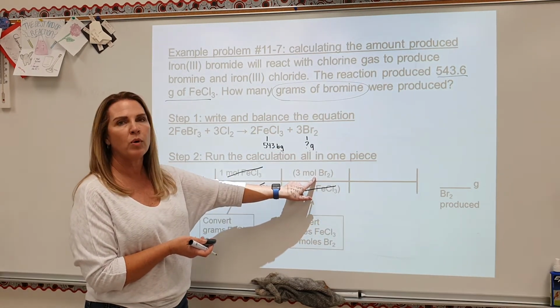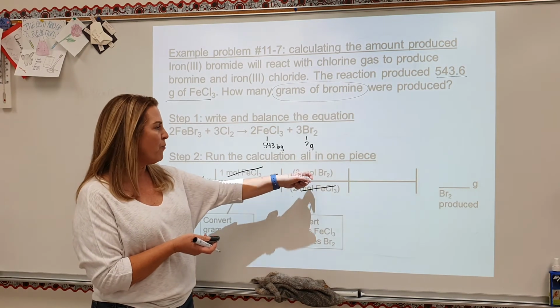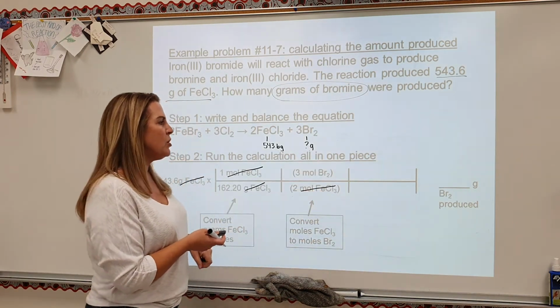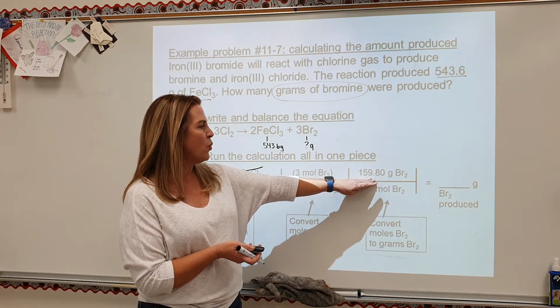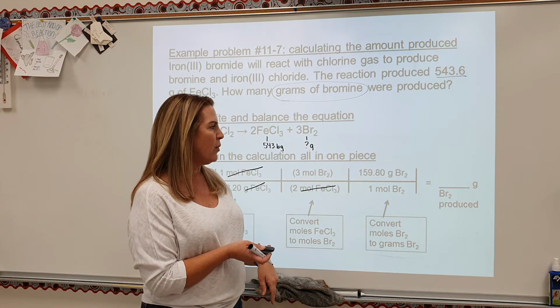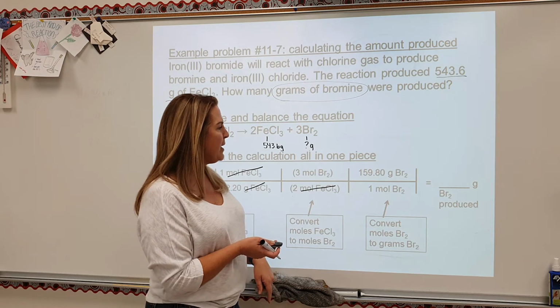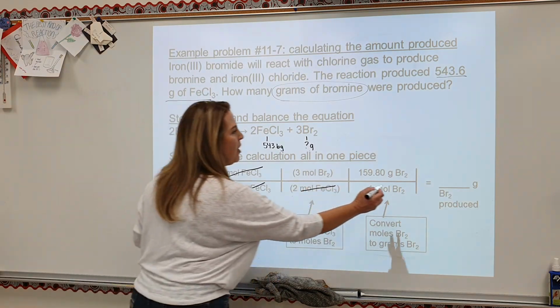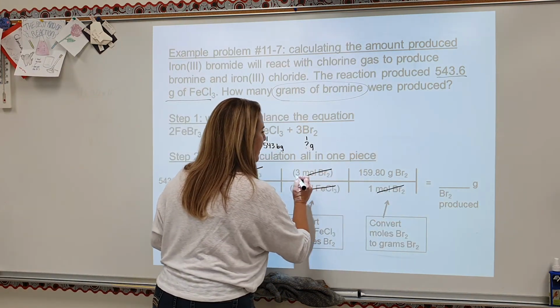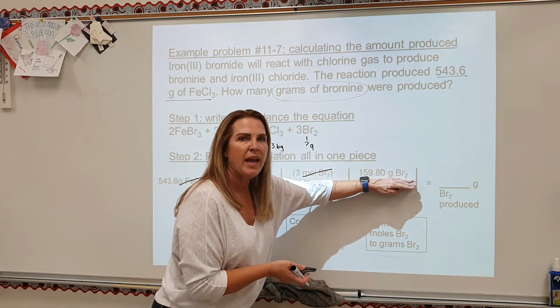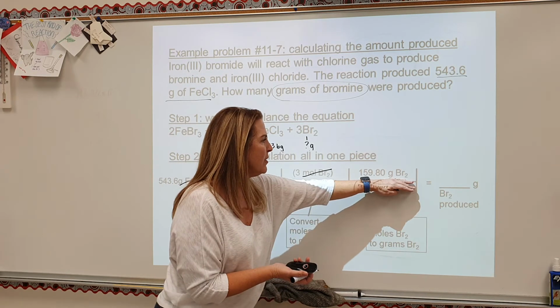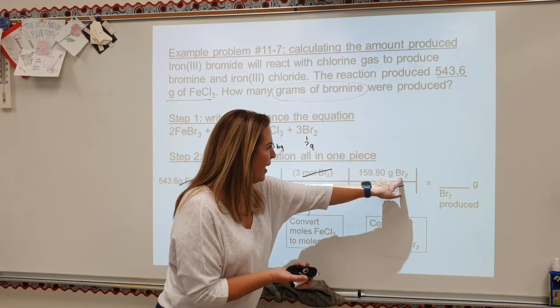So we have one more step, and that is to convert from moles back to grams using the molar mass of bromine. So for every 1 mole of bromine, there's 159.80 grams of bromine. And grab your calculator now because our moles of Br cancels. Now, right here, this is what tells me I'm ready to use my calculator because look, it says G unit and bromine.